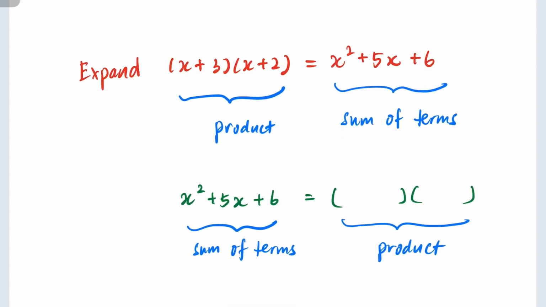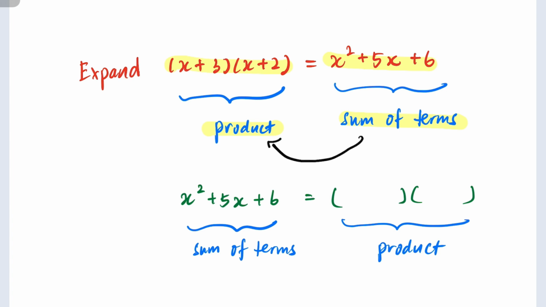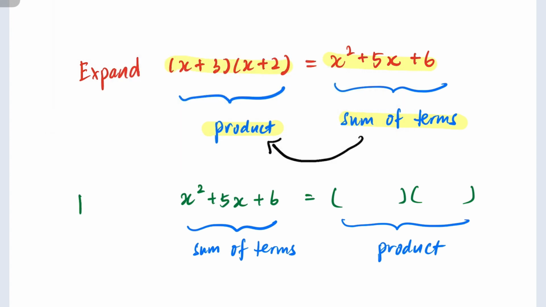But before we move to an example, let's quickly recap what it means to factorize. Previously, we have learned that when we expand, we expand a product of terms, in this case x plus 3 and x plus 2, to get the sum of terms x squared plus 5x plus 6. So when we factorize, what it means is we need to reverse this process. In other words, go backwards. So factorization is actually the reverse process of expansion.